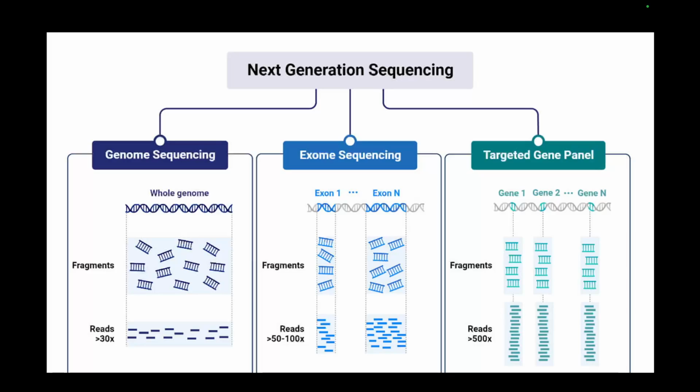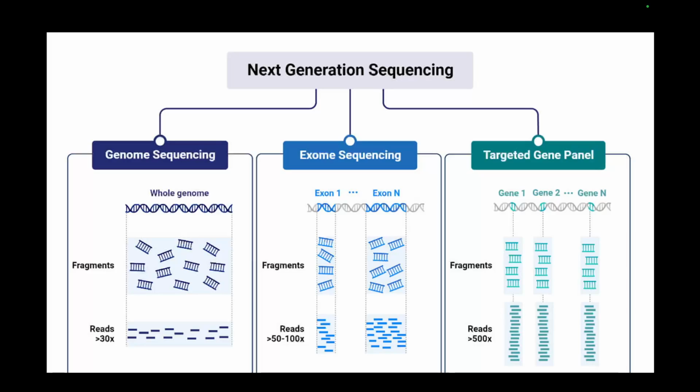So say, for example, there is a mutation in your genome which is modifying a particular protein which is contributing to a disease. What you want is to find what mutation is present in the genome which ultimately is hampering this protein. So what you try is to get only the part of the genome that is contributing to making the protein, which will be the exome. So you get all the exomes together and you try to find where the mutation is, if there is a particular variant that is contributing to the malfunctioning of the protein or the system.